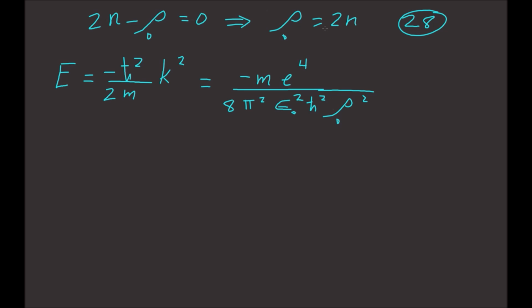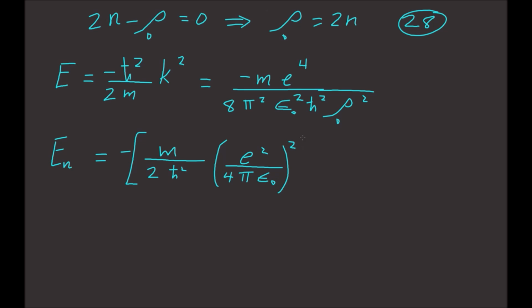But rho naught is equal to 2n, so we can rewrite this as e sub n now, because we're going to make the substitution. We have e equals minus some constant, I hope this looks familiar, m divided by 2 h bar square times e square divided by 4 pi epsilon naught, parentheses square, times 1 divided by n square.